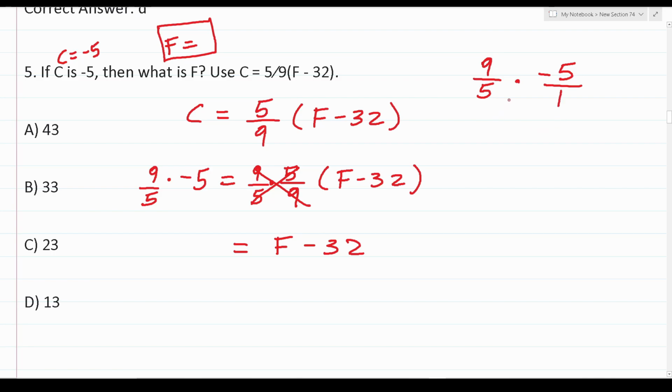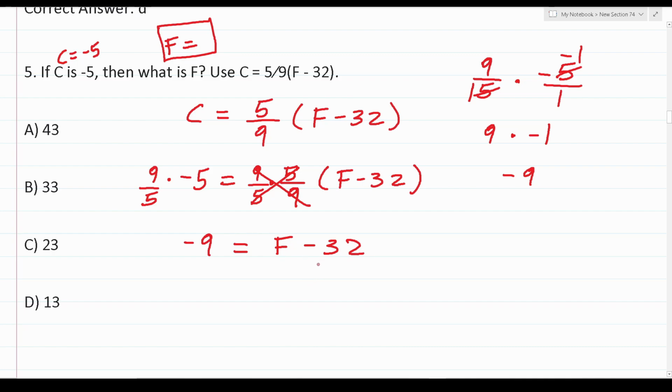And once I do that, I can see 5 goes into 5 one time, 5 goes into -5 -1 times. So this becomes 9 divided by 1, which is 9, times -1 divided by 1, which is -1. 9 times -1 is -9. So this is -9 here.